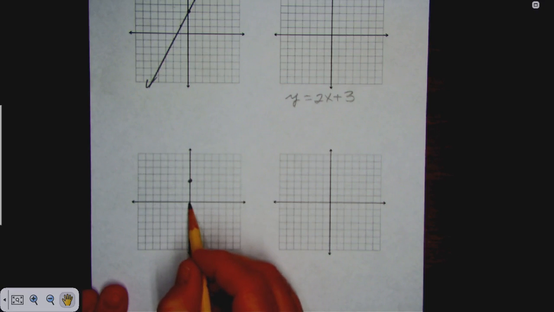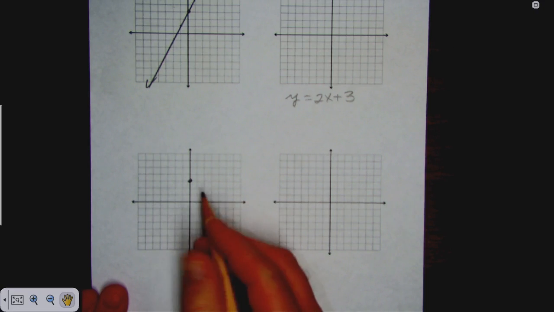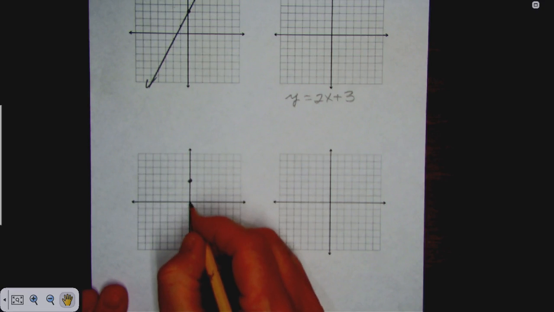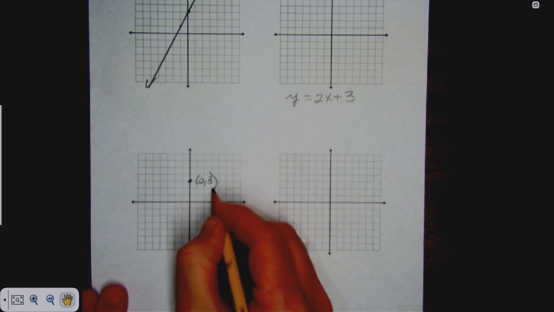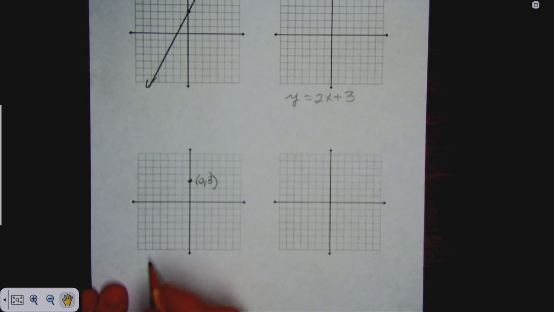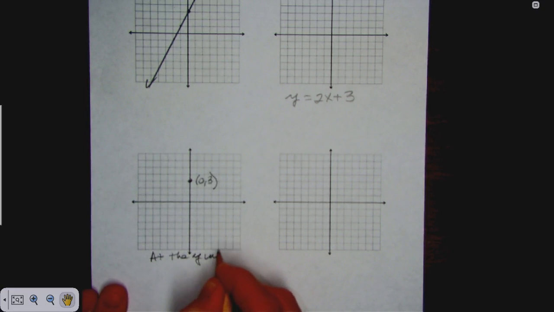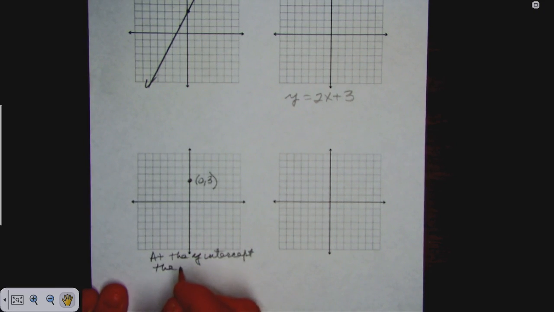Well, the value of x there is 0. So this point is 0, 3. Okay, so I can say at the y-intercept, the value of x is 0.